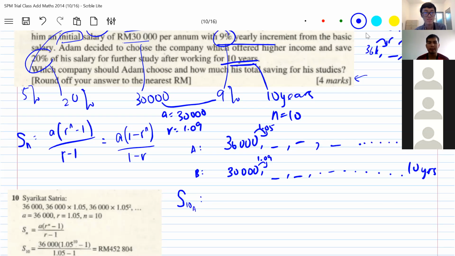So you can do it. It's 36,000 times R, that will be 1.05 to the power 10, minus 1, divided by R minus 1, which is 1.05 minus 1.